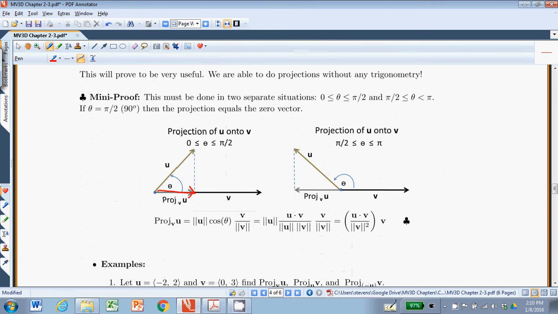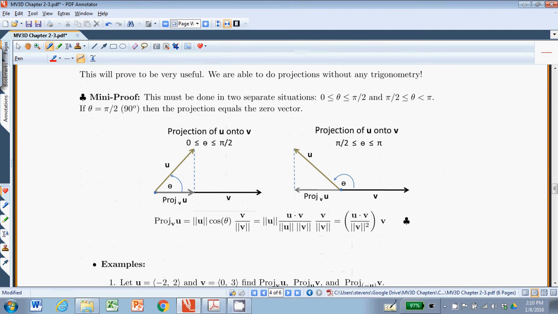And you can go in either direction. Suppose that angle wasn't acute, suppose it was obtuse. Then the projection of u onto v comes from dropping that perpendicular again, only now my projection of u onto v is going in the opposite direction of v. So it does depend on the angle.